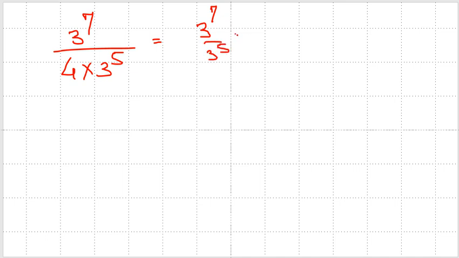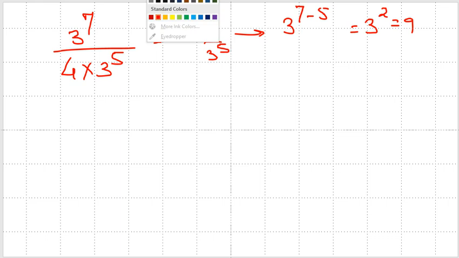This is the example you did actually. 3 to the power 7 divided by 4 times 3 to the power 5. Do not do 3 times 3 times 3. Don't calculate. You can right off the bat say, when I divide with the same base, it's going to be 3 to the power 7 divided by 3 to the power 5, which is 3 to the power 7 minus 5, which is 3 to the power 2, which is 9.